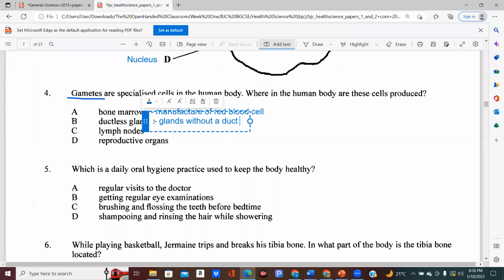Like when we say glands without a duct, anyone have any idea what we mean by that? No one? Ductless. Really? No one? Okay, that's strange.